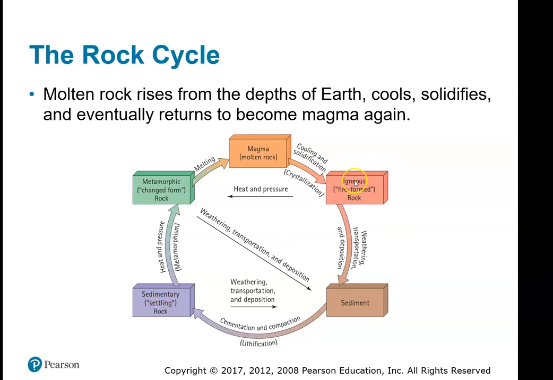The igneous rock doesn't have to become sedimentary rock. That can happen. And then of course sedimentary rock can be exposed even close to the Earth's surface. It can be exposed to a good deal of heat. If some magma rose and it just happens to be nearby, there can be this contact metamorphism where the sedimentary rock can change.